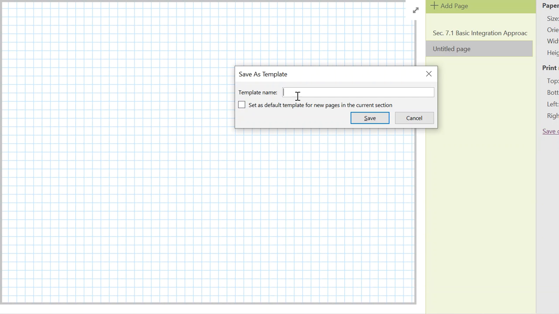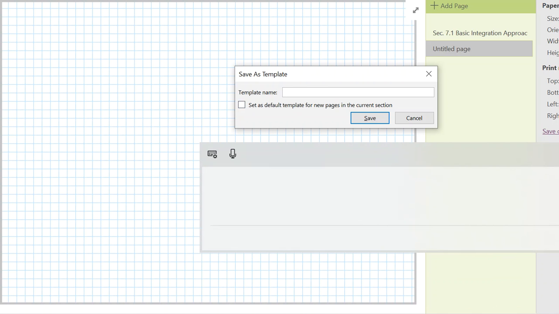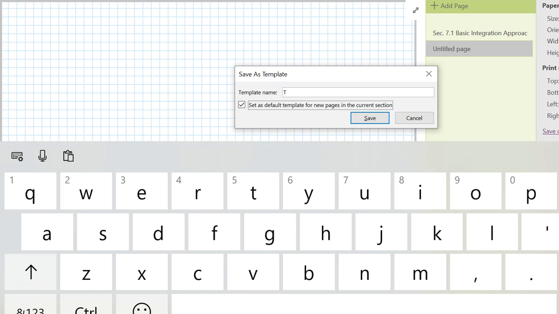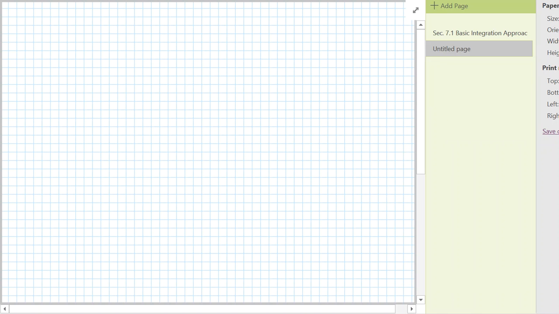Oh, come on. Oh, there it is. I want T. Yep. Save. All right. So let's see if this is going to work. Yeah, all right. There we go. We're much better off. All right, here we go.